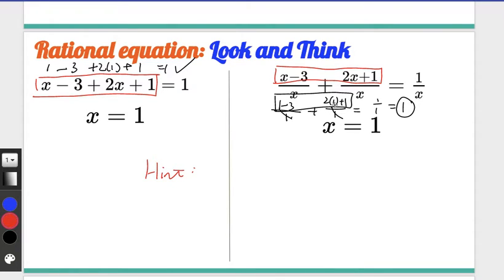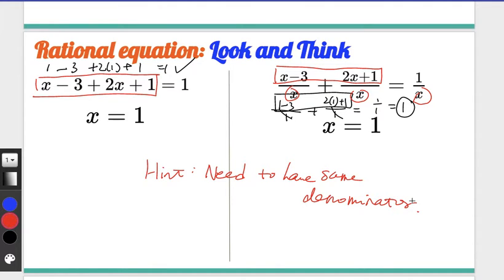To solve a rational equation, and as you can see this is a rational equation, we need to have the same denominator. The denominator is the number or variable we put on the bottom. So in order to solve a rational equation, we need to have the same denominator.